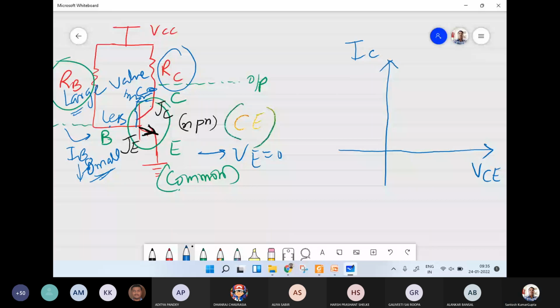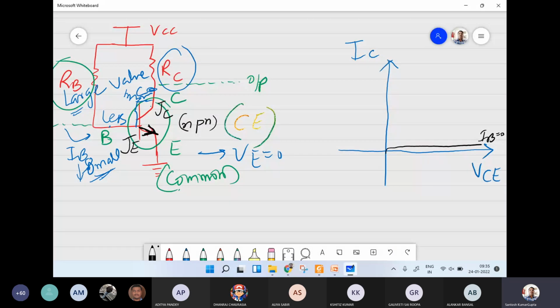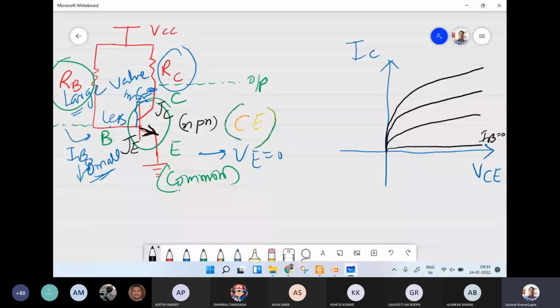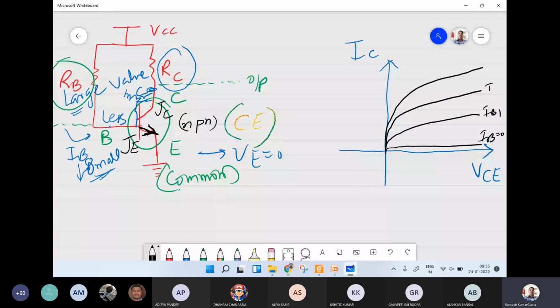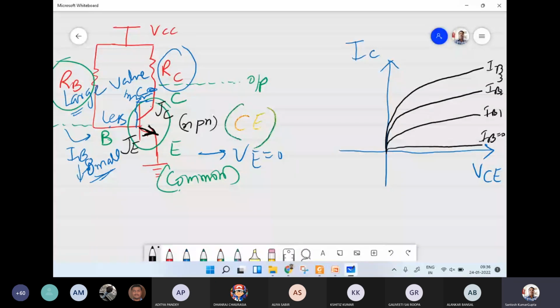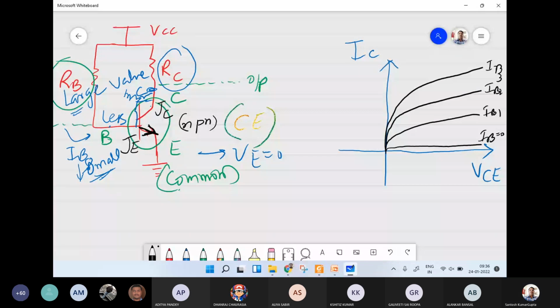For IB equal to 0 we have a particular curve, and for a higher value of IB we have some other curve like this. So for IB1, IB2, IB3, we have a family of curves like this. This is known to us.